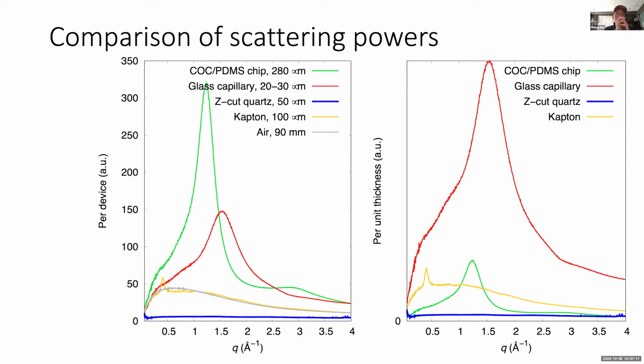For example, the COC plastic, very often in the literature they call it X-ray transparent. What they mean by X-ray transparent is per unit thickness. If you normalize the thickness of this material, it would not scatter very much. Compared to glass, it scatters very, very little.